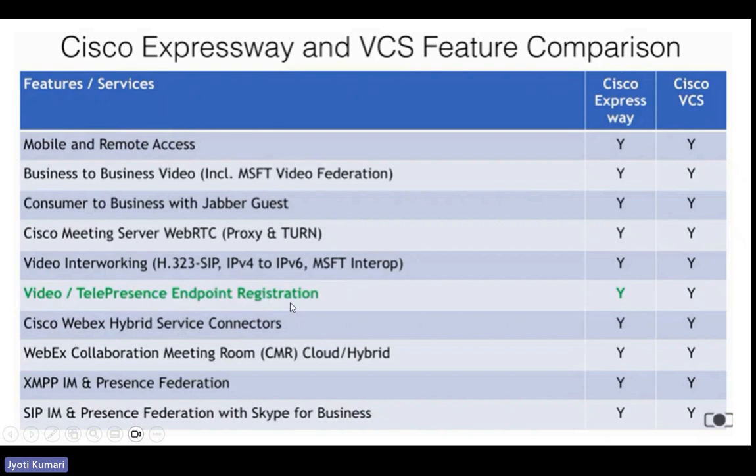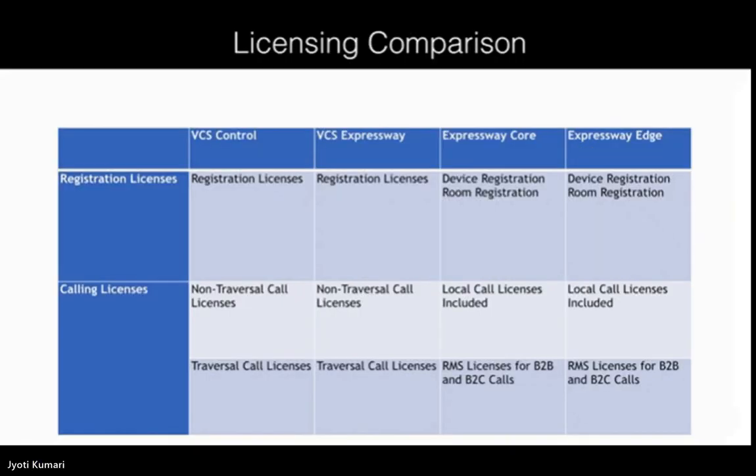So both products, Expressway and VCS, now support all the capabilities, and their features and services are very similar, almost the same. So where is the difference? The difference is the licensing part.